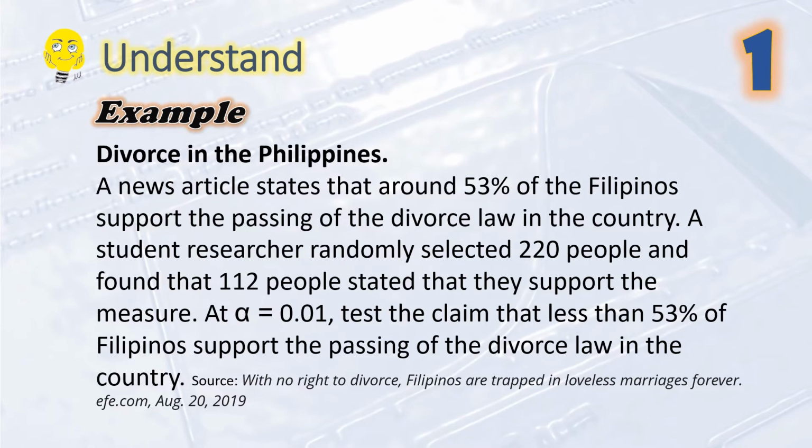At alpha equal to 0.01, test the claim that less than 53% of Filipinos support the passing of the divorce law in the country. In doing z-test for a proportion, we follow the same procedure in performing z-test for a mean. The only difference is the formula for the z-test value.